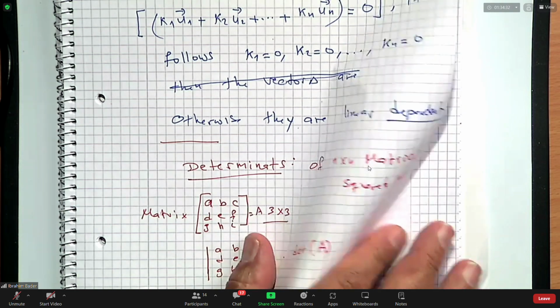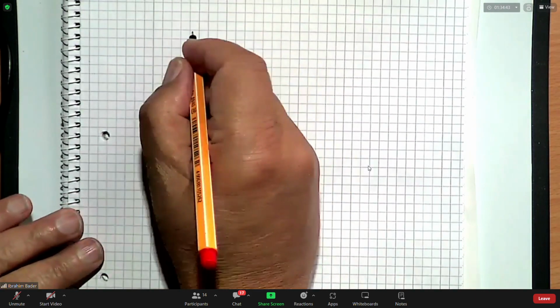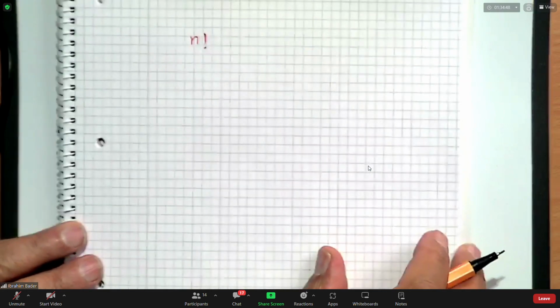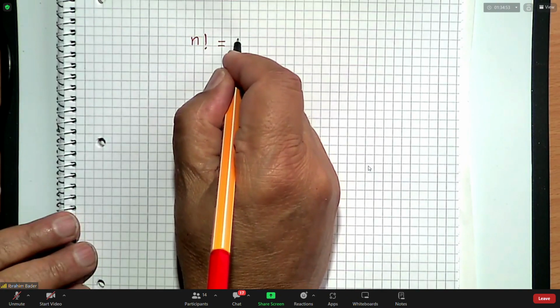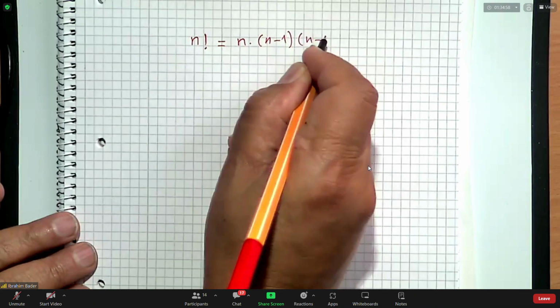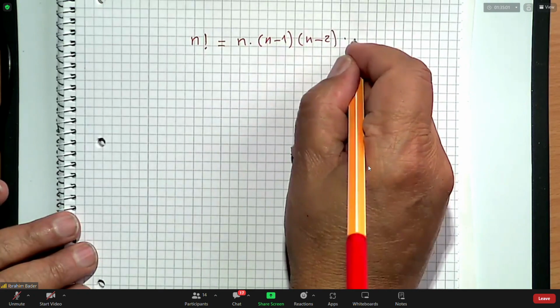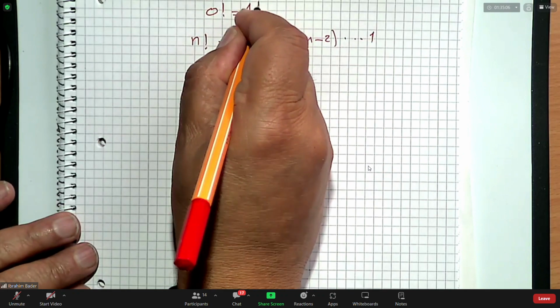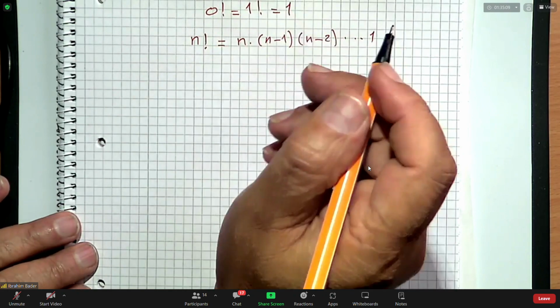A typical example of that is the so-called factorial. You know this notation, n factorial? Have you seen this before? It's actually n multiplied by n minus 1, and so on, till we get to 1. And of course 0 factorial and 1 factorial are initialized to 1.